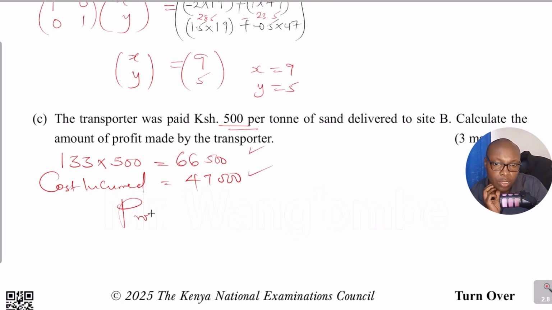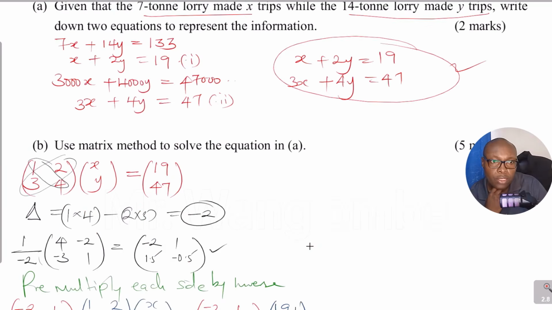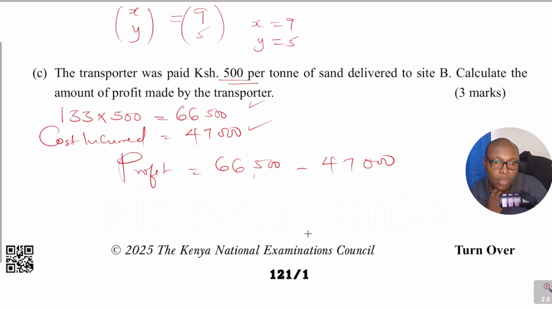So profit will simply be given by the amount that was paid, which is 66,500. Then we subtract 47,000. So this one gives a profit of 19,500. 19,500 as the profit, and that is how you're supposed to solve that question.